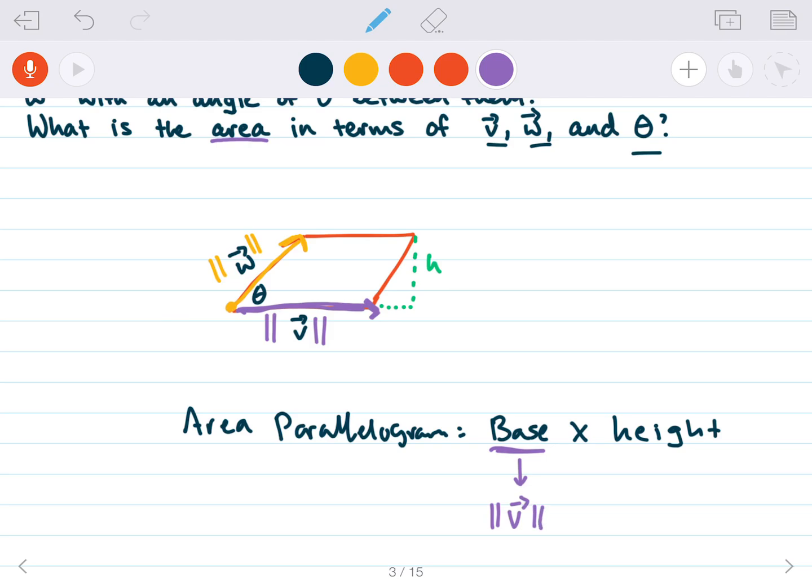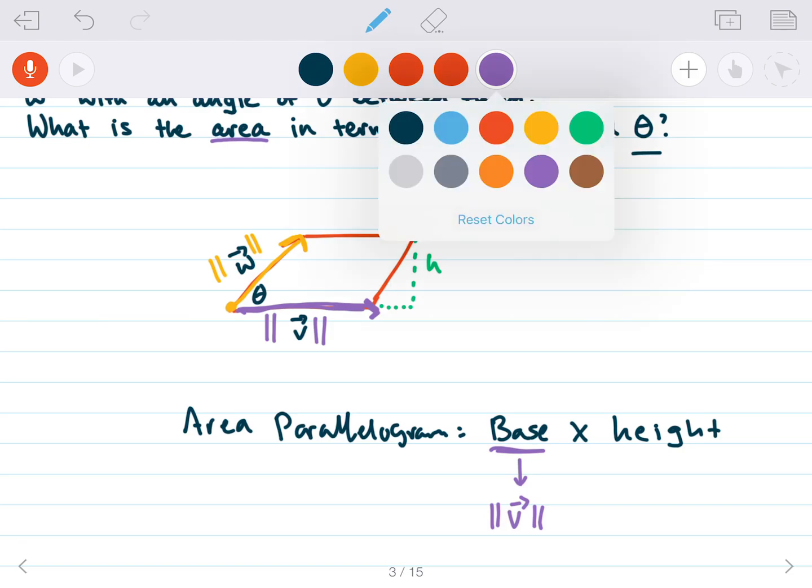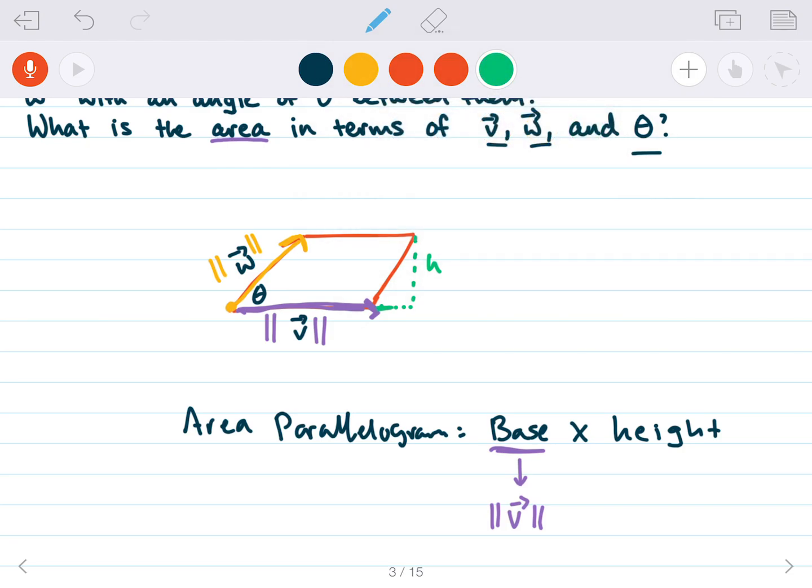Now the height, how can I turn the height into v's, w's, and thetas? Well, observe the following. If we have this height right here, then this side right here is the magnitude of w, right? And this makes a right angle right here, and this is going to be theta right there.